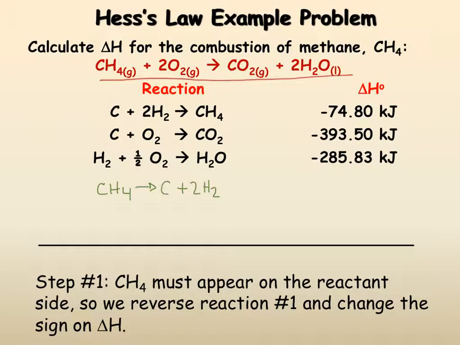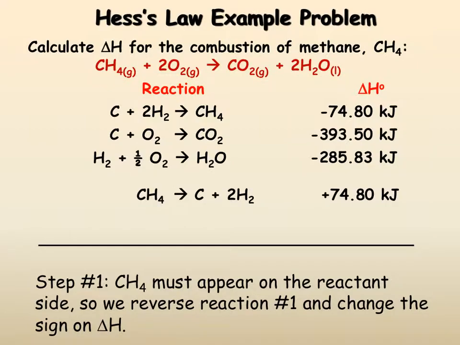Okay? However, and really, all of these are per mole, which is why these are always written to make 1 mole. But since we reverse our reaction, we have to reverse the sign on our energy. Okay, so that's first step, and that's going to get methane where we want it to be.